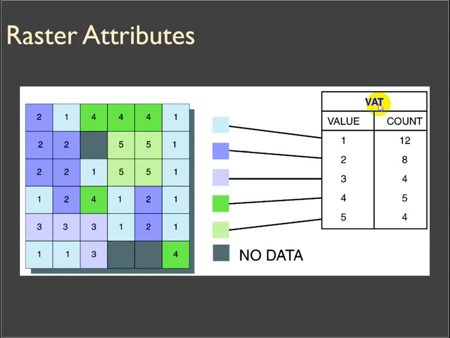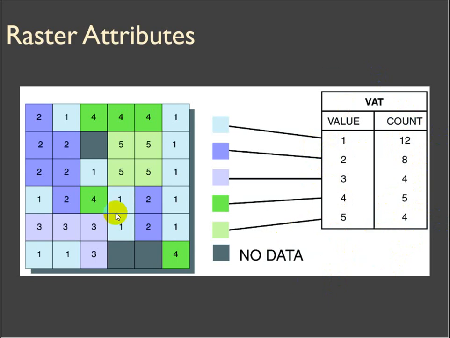Instead, we treat this data more like a histogram or like a PDF, a probability density function, where the unique values are calculated and then a count of each value is stored in the attribute table. So does that look familiar to you, that it's more like an unclassified histogram? The values and the counts of the shared values.